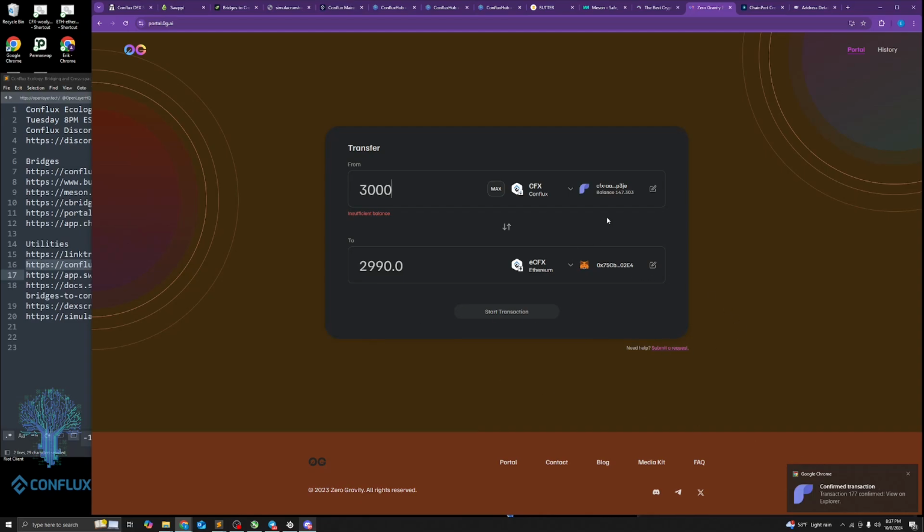To my understanding, the only use of CFX over there on Ethereum is for Curve, as well as dApps that build on top of Curve, like Convex and Aladdin now. But we're not going to do that right now, because I won't be able to trigger it since I don't have enough. And it's Ethereum, so I know there'd be a decent gas fee. So that's 0G portal.